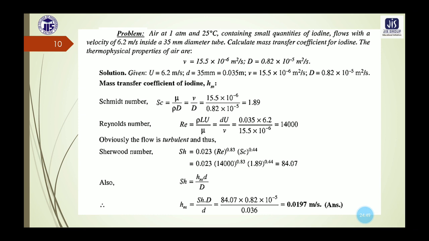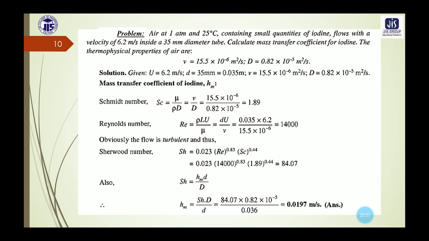To calculate the mass transfer coefficient of iodine, we first need to determine which formula of the Sherwood number we will use here. For that we need to find the value of the Schmidt number and Reynolds number, because based on their limiting values, the mathematical representation of the Sherwood number changes.